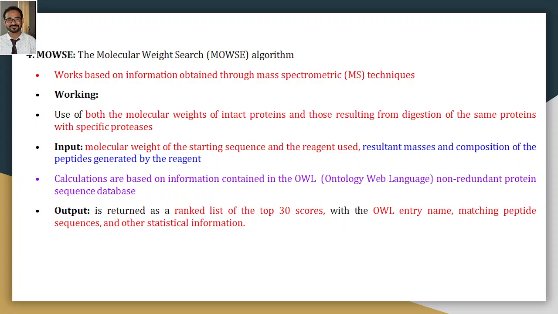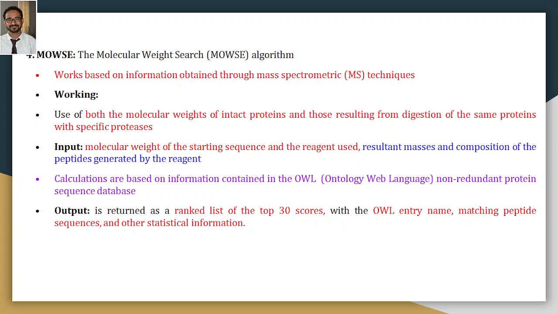So the input will be the molecular weight of the starting sequence and the reagent used, and the resultant masses after decomposition and composition of the peptides generated by the reagent. Now the calculations are based on the information contained in the OWL, that is the non-redundant protein sequence database.